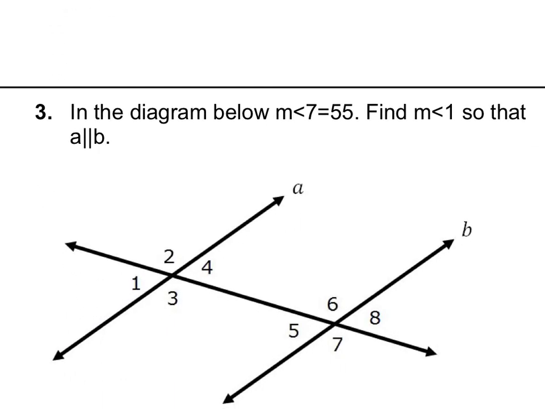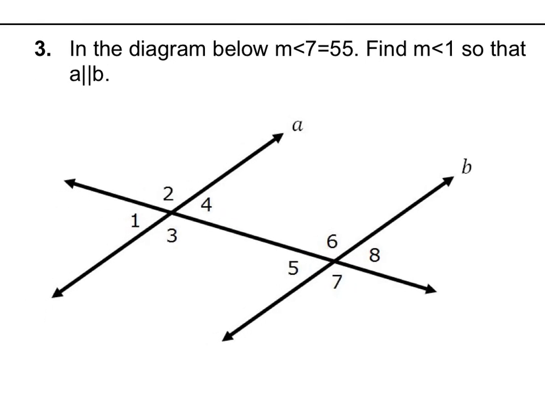Okay, in the diagram below, measure angle 7 is 55 degrees. Okay, so find the measure of angle 1 to prove that A and B are parallel. So think about our angle relationships.